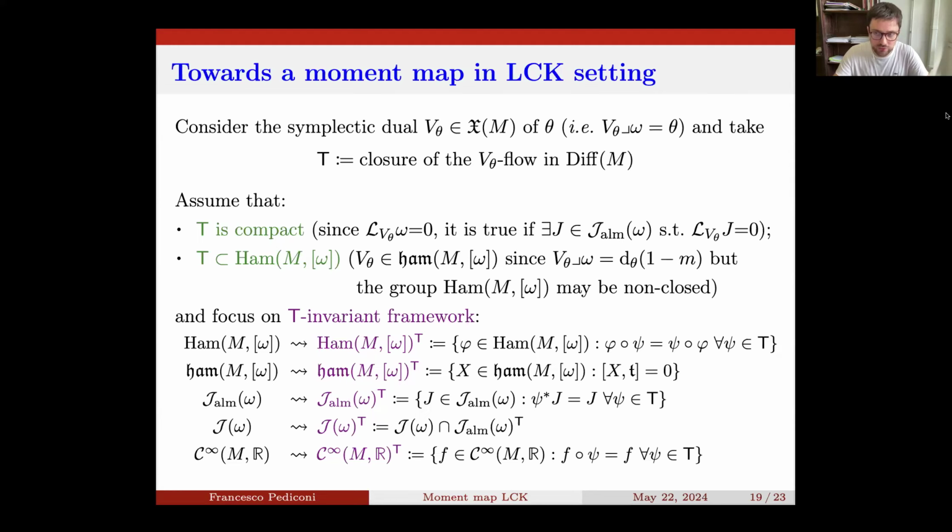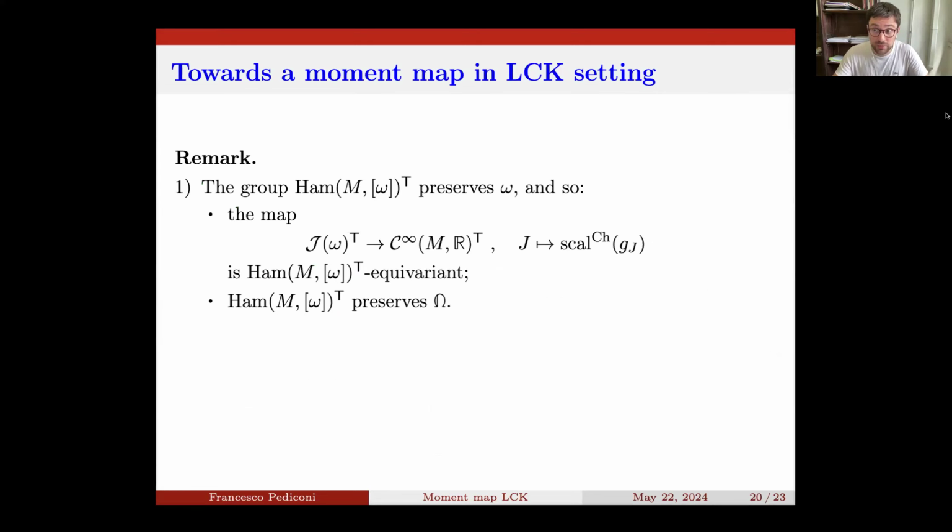Well, once you focus on the T-invariant framework, things turn out to be much better, because actually the new group of those twisted Hamiltonian automorphisms that comes with T preserves not just the conformal class of omega, but omega itself.